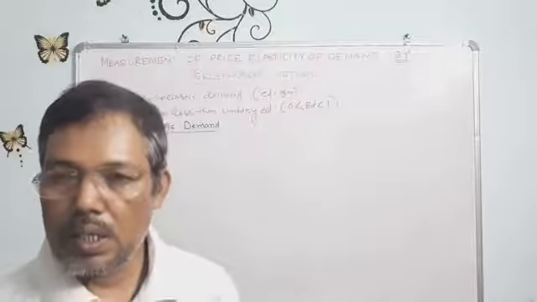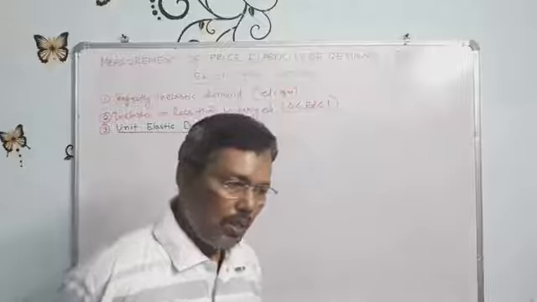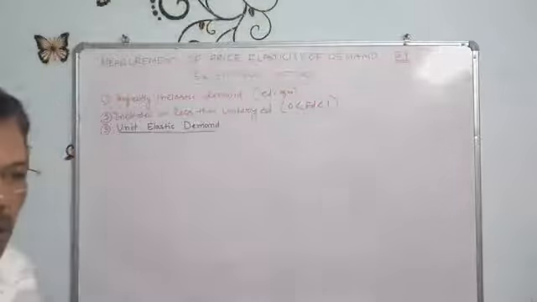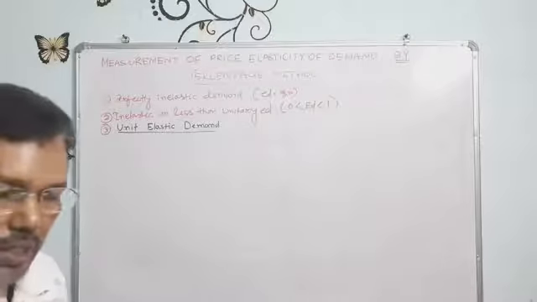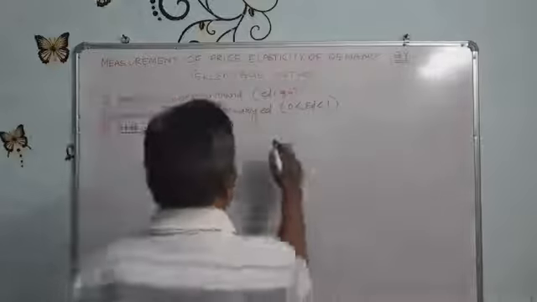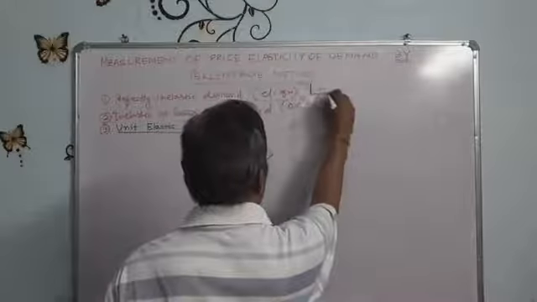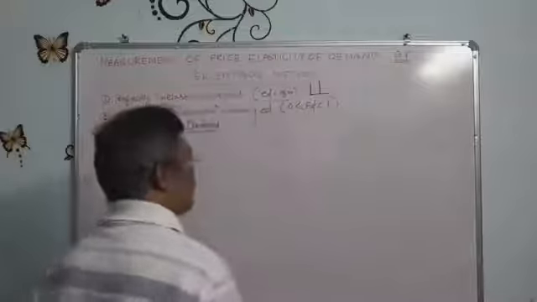Whatever the price of the goods, we have to purchase it. So whatever the price, the demand will remain the same, not more or less. At that time elasticity of demand equals 0 and the demand curve will be perpendicular to the x-axis.